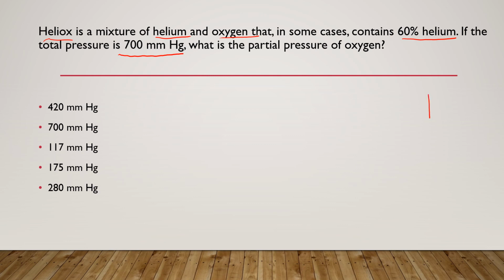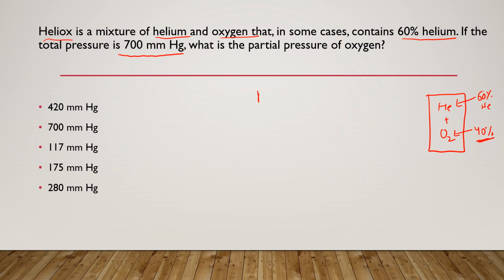We have a gas mixture of helium and oxygen, and the mixture contains 60% helium. That automatically means the percentage of oxygen will be 40% because we have only two gases and together they are 100%. So we now can figure out the percentage of oxygen, which is 40%.